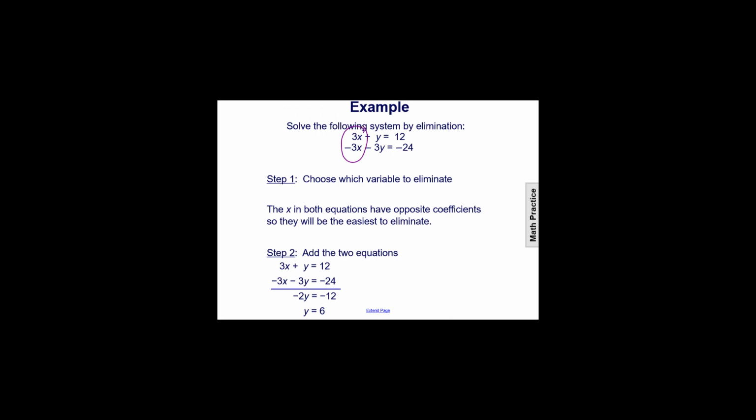We can automatically add the two equations, so 3x plus negative 3x eliminates. It's 0x and goes away. That leaves us with 1y plus negative 3y is negative 2y, and then 12 plus negative 24 is negative 12. So now we just have to divide both sides by negative 2, and we get that y equals 6.